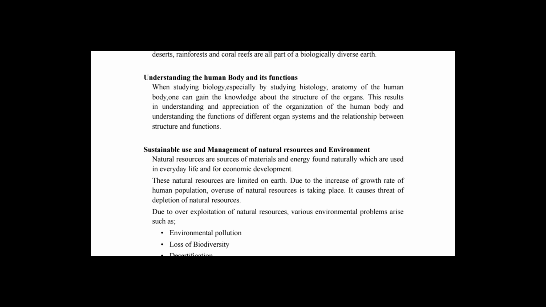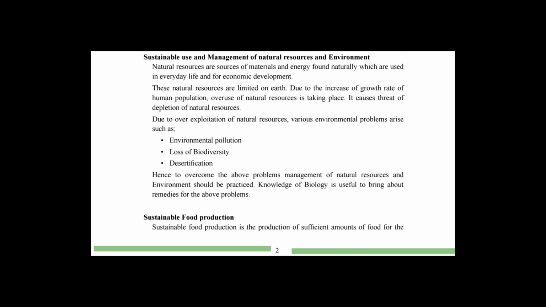After that we can understand the functions of the body as well. We know how the levels of organization go. Cells form tissues, tissues form organs, organs form organ systems, and organ systems form an organism. So we will get some extra knowledge and a clear mindset about this organizational level as well. That's it about understanding the human body and its function. So the third problem we face is sustainable use and management of natural resources and environment.